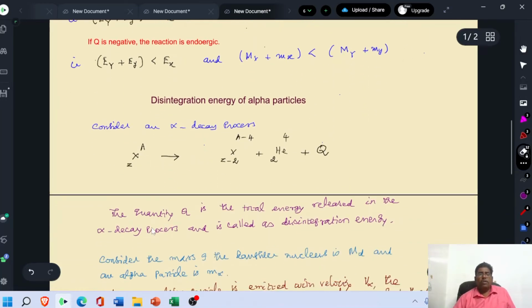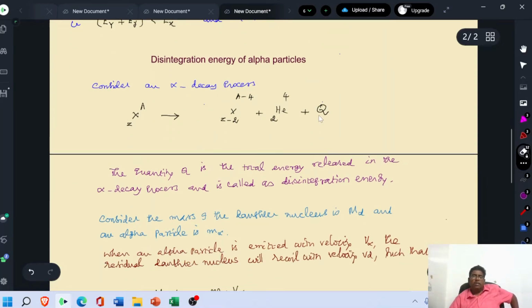Now we have to find out the Q value of alpha decay. Consider an alpha decay process. Here X with atomic number Z and mass number A is an element. If it emits an alpha particle, the atomic number is reduced by 2 units, whereas the mass number is decreased by 4 units. In addition to that, some amount of energy is generated. This is called the disintegration energy.